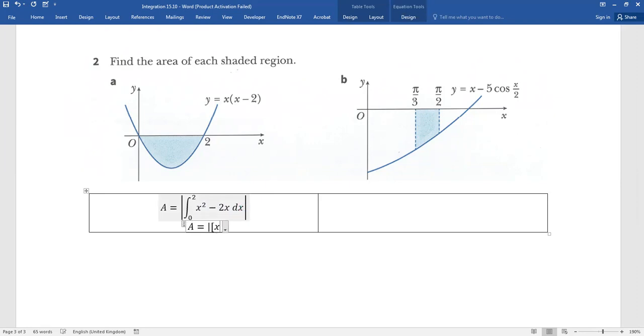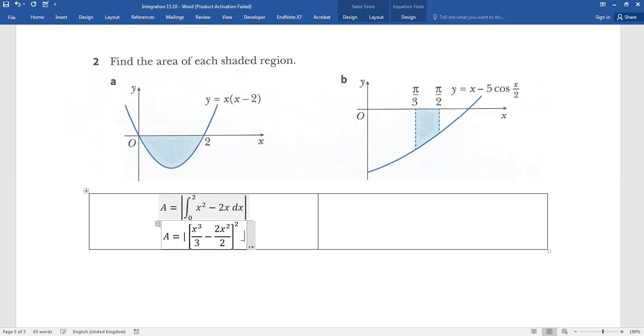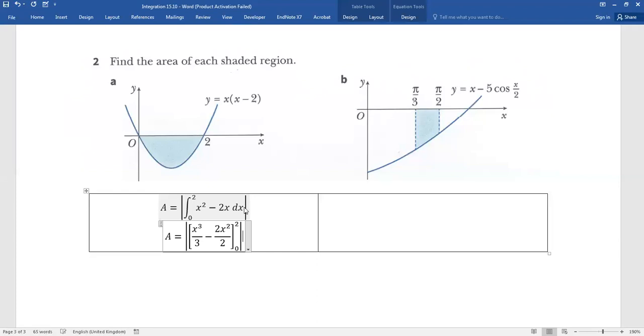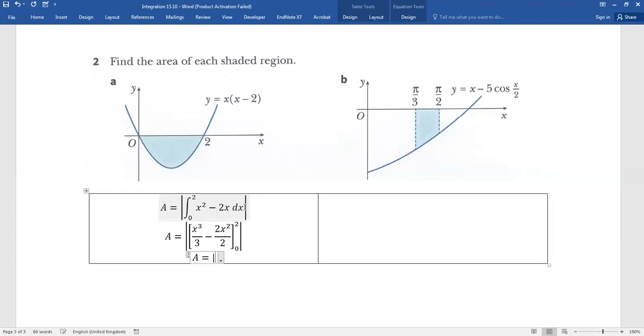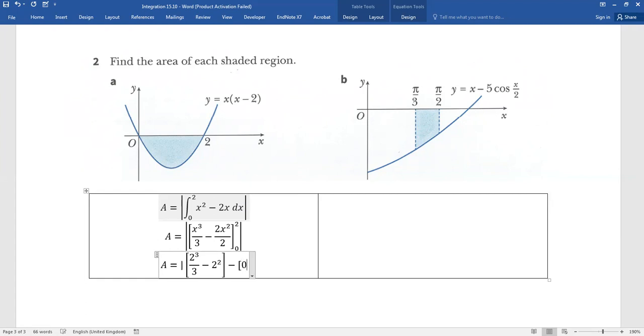So it is x cube upon 3 minus 2x square upon 2. Limits are 2 and 0. Which is 2 cube upon 3 minus 2 square minus 0 cube upon 3 minus 0 square.